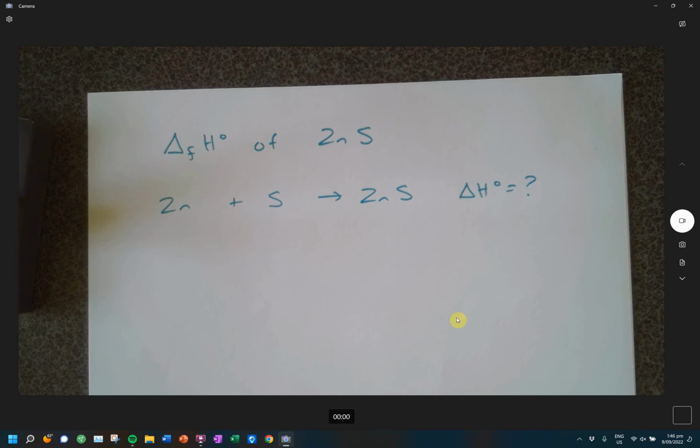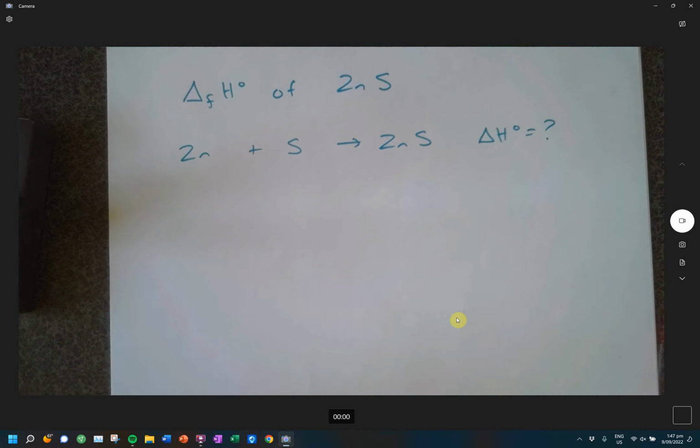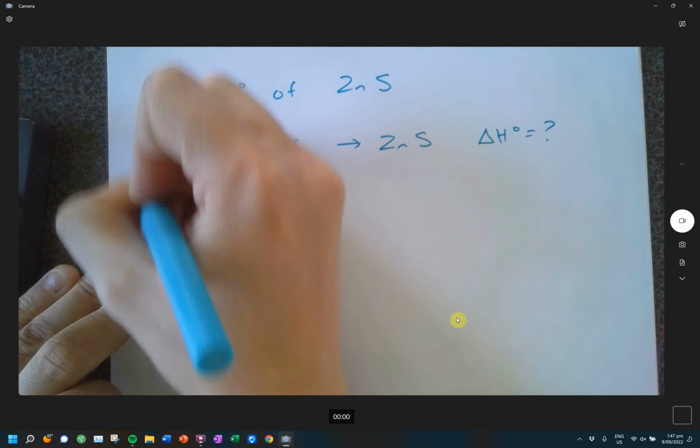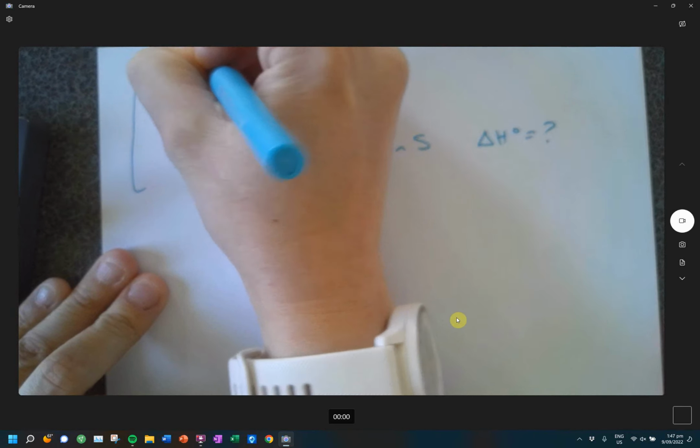In this case, they have given me information on the formation of zinc oxide. They've also given me information on the formation of sulfur dioxide, and the combustion of zinc sulfide. So I'm going to write down all those equations and the enthalpy that they've given me. That is my unknown and what I'm trying to solve for.